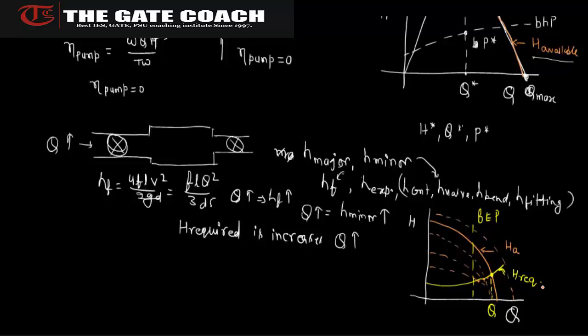For different RPM, obviously the curve will be different, so we can manipulate the values, find out our requirement and adjust them, and if possible we will also get the required or intersected value at the best efficiency point. This is the best case for the pumping system.